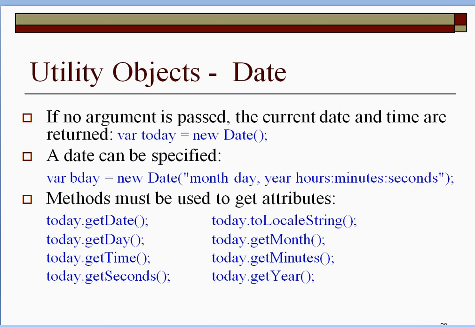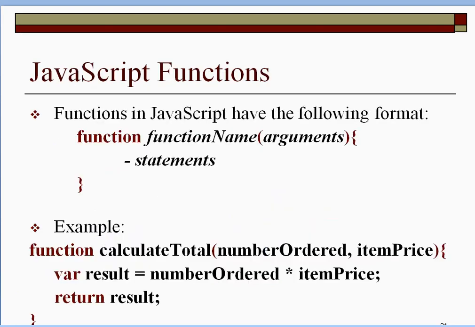Methods must be used to get attributes, like for example, get today's date, get day from today, get time, and so on. JavaScript functions. We saw already some example of a JavaScript function, but let's go formally into it.